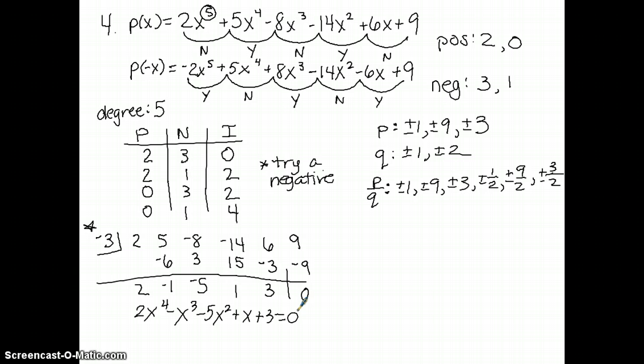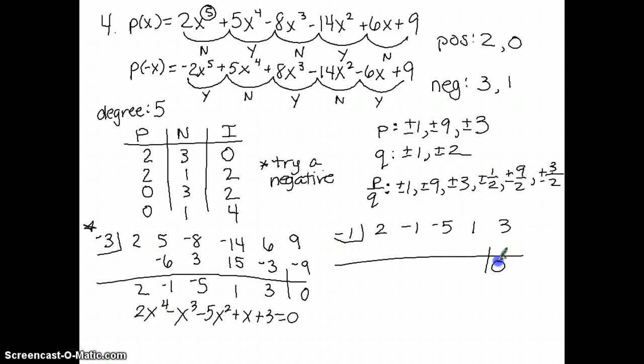So now I need to go back to the calculator screen and look for another value where it appears that it's crossing through, such as -1. So I'm going to use -1 and the new coefficients so that I can go down another level. The new coefficients here were 2, -1, -5, 1, and 3.